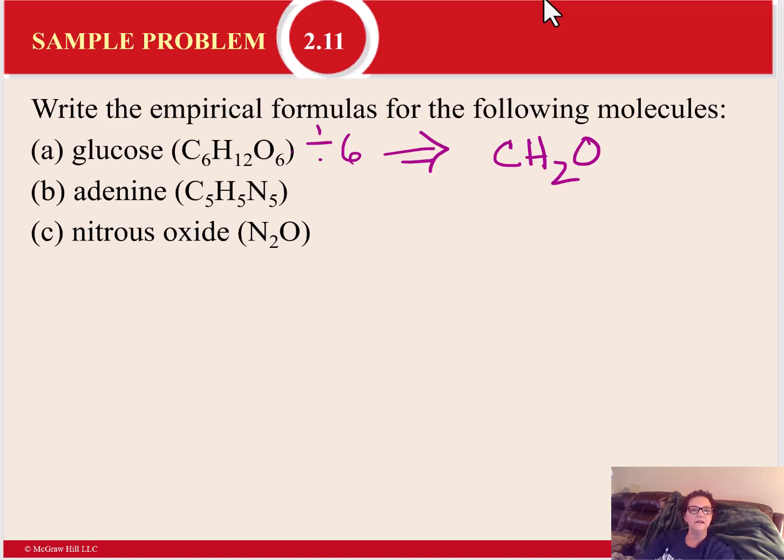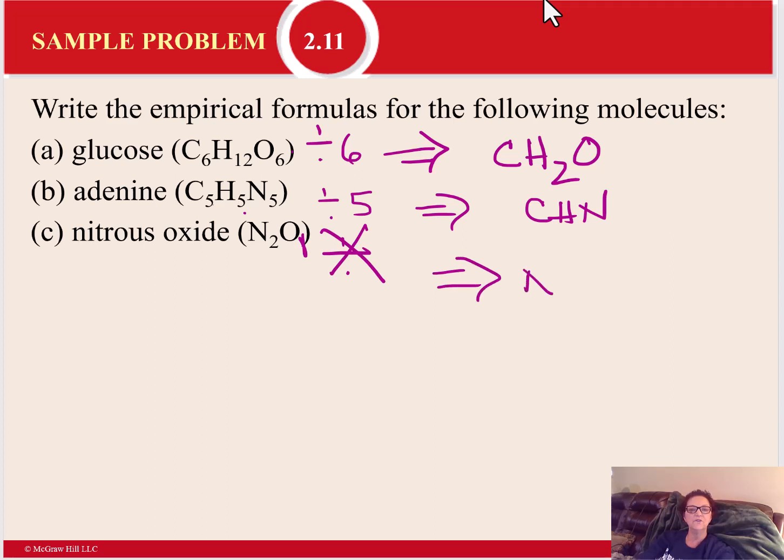Adenine has got C5H5N5, so we could divide those all by 5 and get CHN as the empirical formula, lowest whole number ratio. N2O, though, we can't divide anything because that's a 1 and that's a 2, so its empirical formula is the same as its molecular formula, N2O.